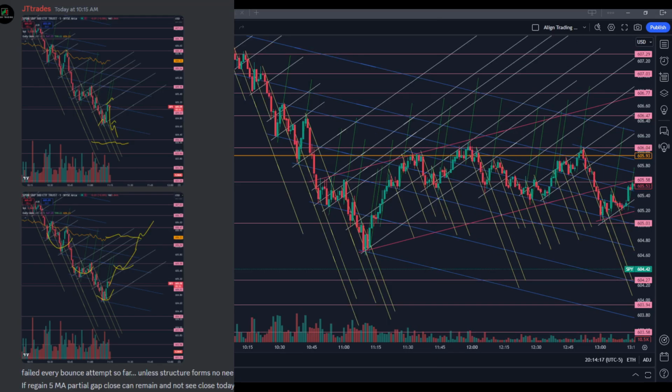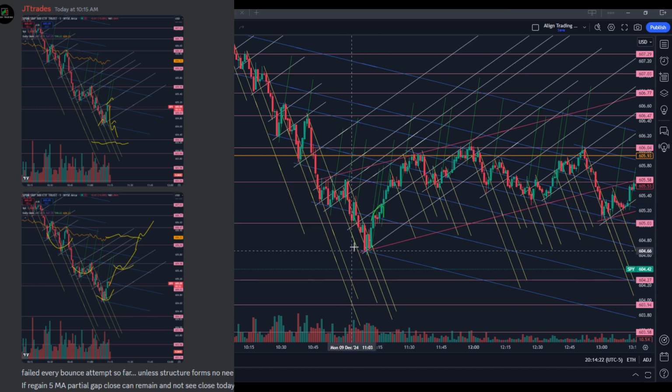So as we continued moving down on this 1 minute chart, I explained you have to be continuing to watch for this white right here if we want to go lower and close that gap that we talked about that was just down here. However, for this moment, it remained as a partially filled gap close because you can see we start tapering right here and forming that inverse head and shoulder like I explained, but we were unable to regain that 5-day moving average and continue grabbing this liquidity right here.